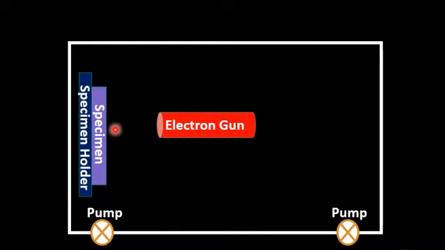The electron beam will have a higher energy, and that higher energy of the electron beam will interact with the sample surface, and only Auger electrons will be emitted from the sample surface in the range of 3 to 10 nanometer.